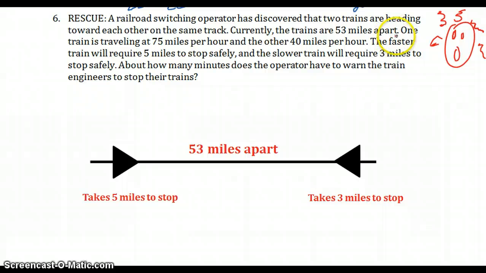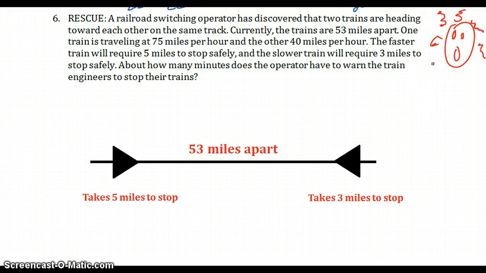Okay, we've got some time. One train is traveling at 75 miles per hour and the other 40 miles per hour. The faster train will require 5 miles to stop safely, and the slower train requires 3 miles to stop safely. About how many minutes does the operator have to warn the train engineers to stop their trains?